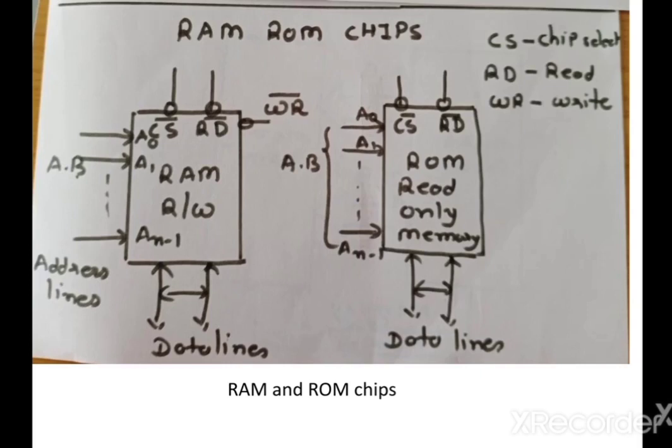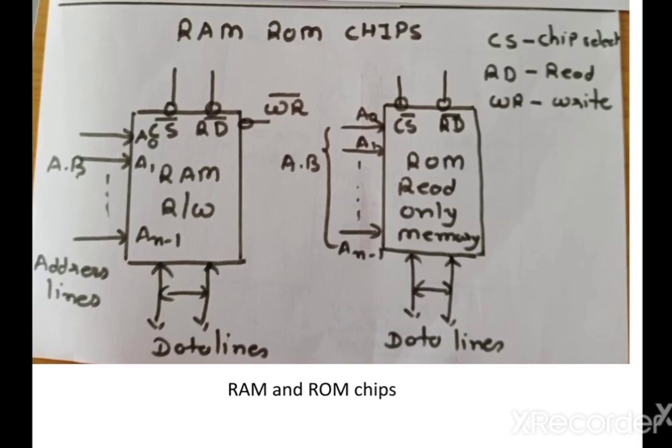This bubble indicates a low activation pin. Low activation pin means that when we apply logic 0, then this IC is enabled, that means this function is performed. That's why these are low activated pins: CS, RD and WR, that means chip select signal, read signal and write signal.